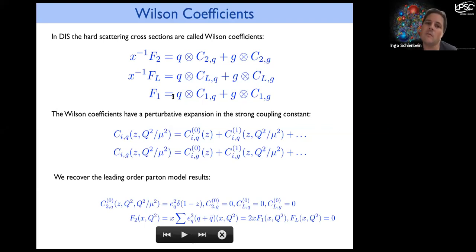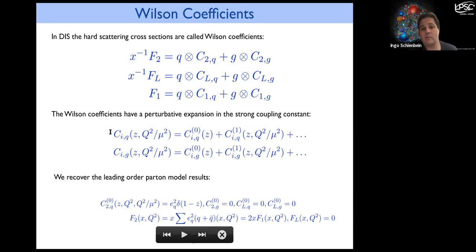The one thing you should note is you have F1, and you have 1 over x F2 and 1 over x FL, which are somehow on the same footing. So it's useful to take 1 over x F2 and 1 over x FL for many of the discussions.